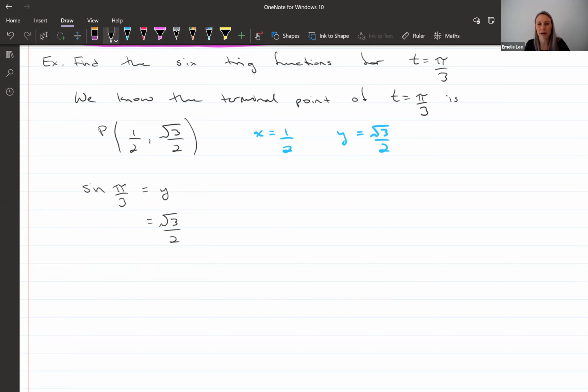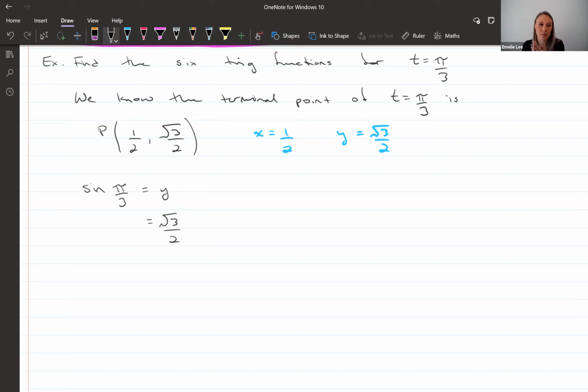A lot of the time, especially in calculus, you'll need to be able to give the exact values. Your fancy calculator gives you the exact values, I'm pretty sure.